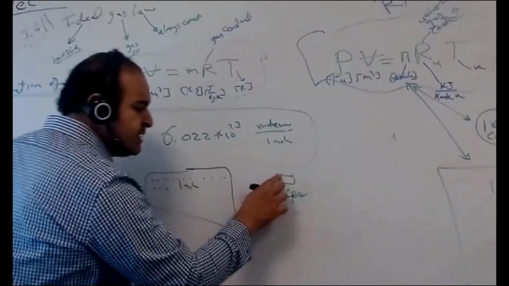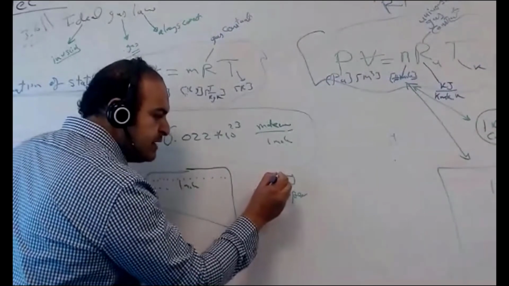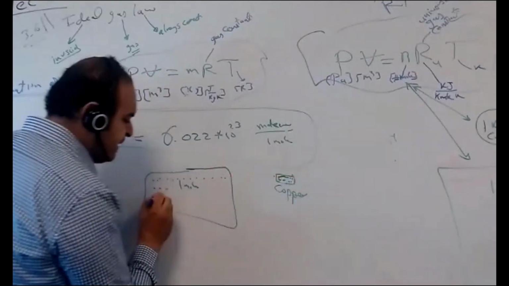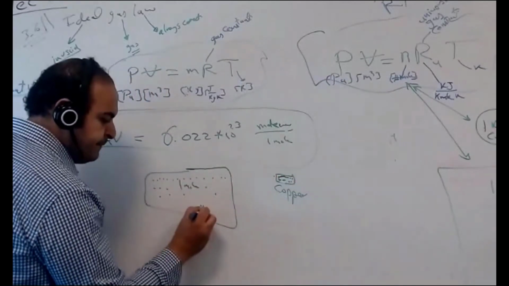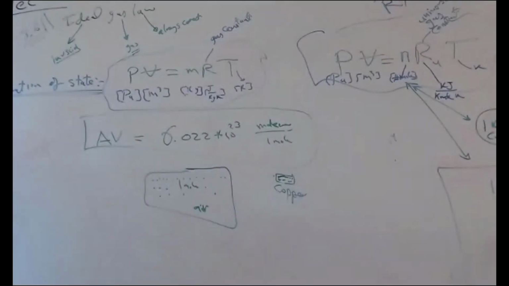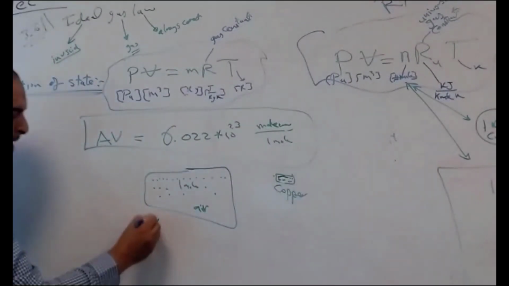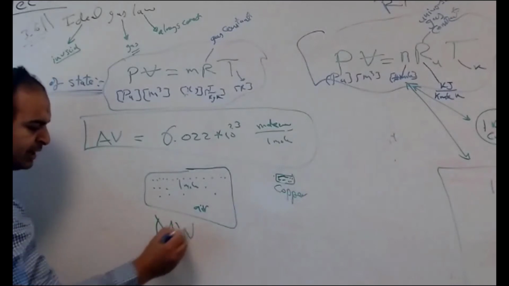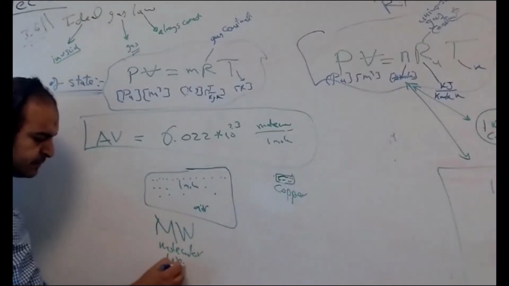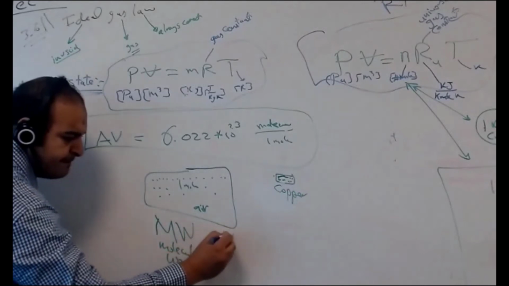The same number, but these are very heavy, very small and close to each other. Here is a big gap. This is air. So mole is related to mass, and the relation is called M or MW, molecular weight, which is M over n.